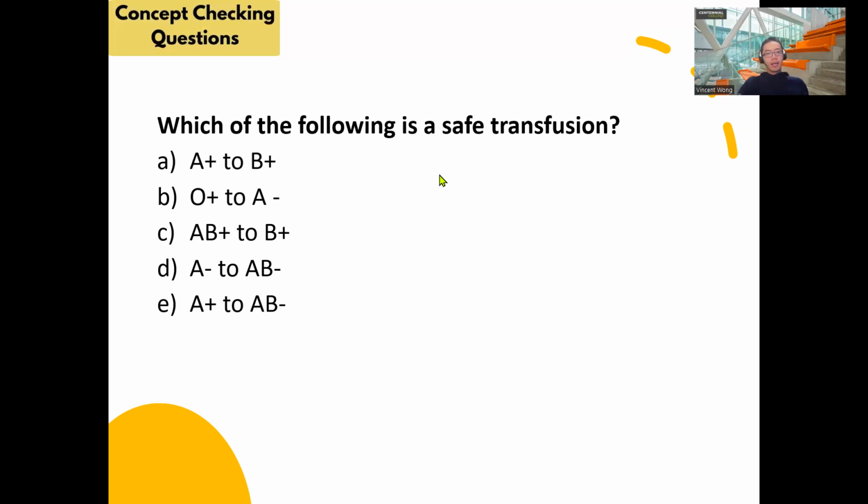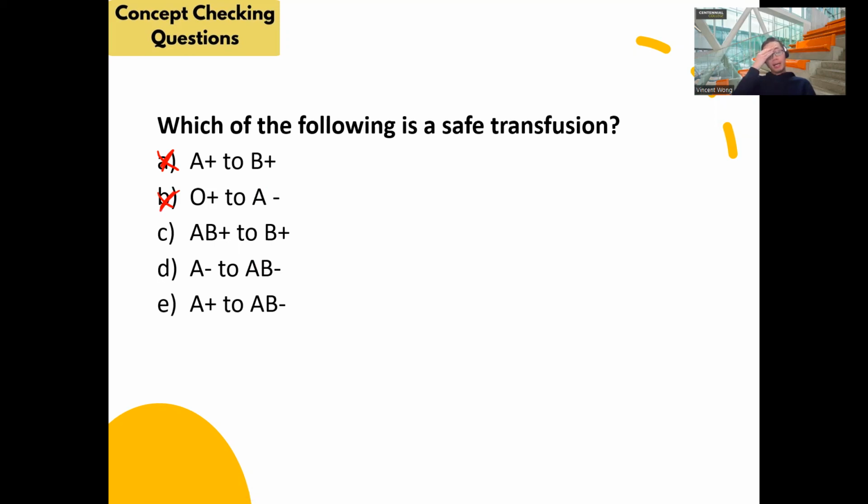So let's see. A positive to B positive, that is not safe. A cannot be given to B. The B person has anti-A in their plasma, and it will attack and reject the A. O positive cannot be given to A negative because positive blood should not be given to negative. Now I have to clarify something I forgot.